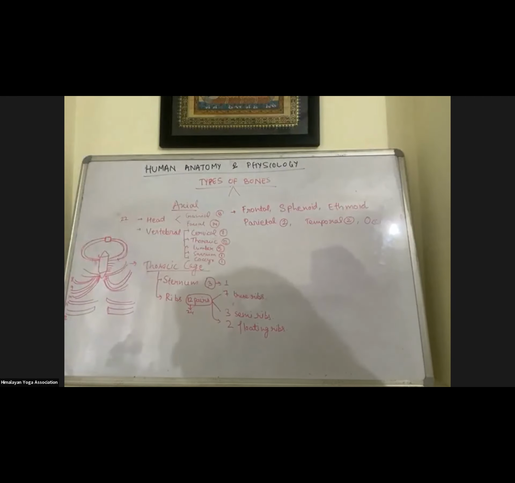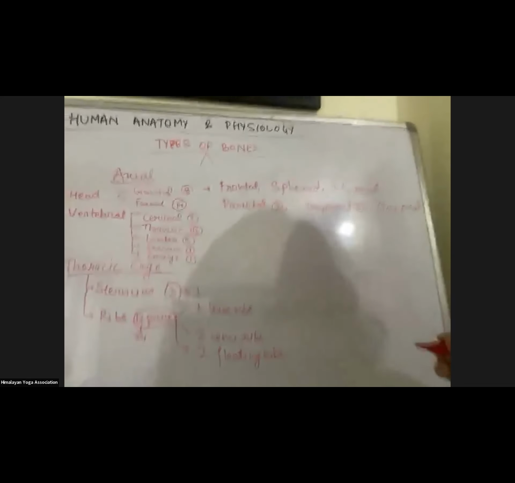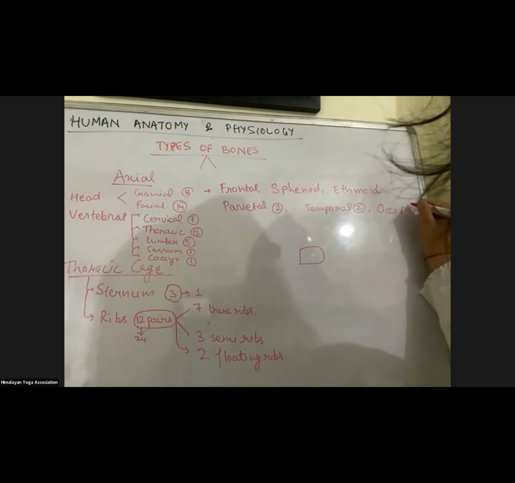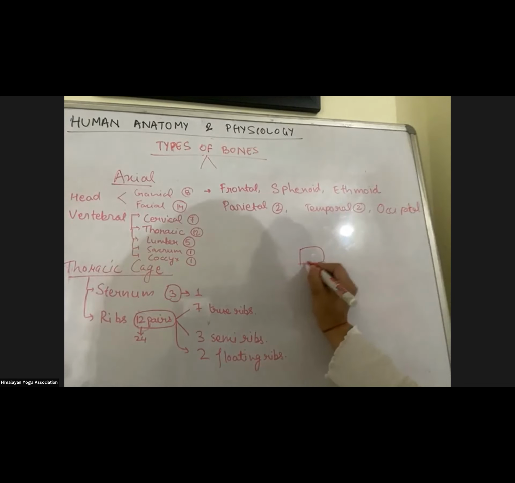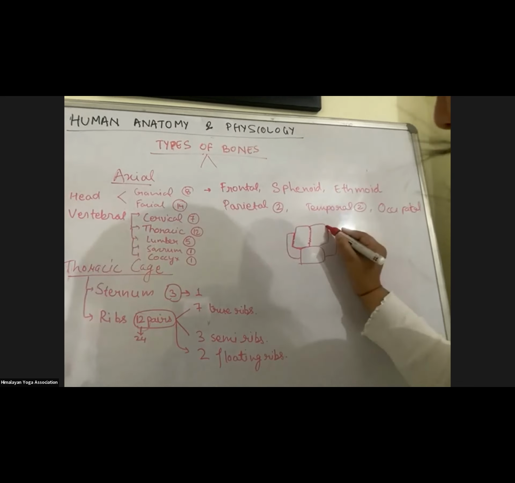So in the cranial bones, suppose this is frontal, and then we have here parietal, then we have temporal here. So they are well connected. This is an immovable joint, they never ever move.